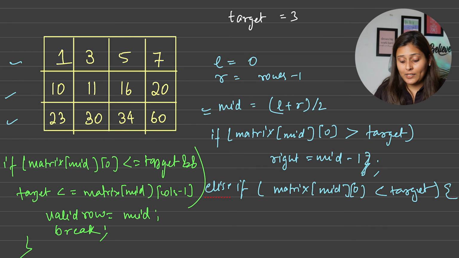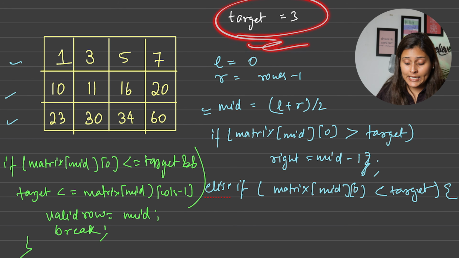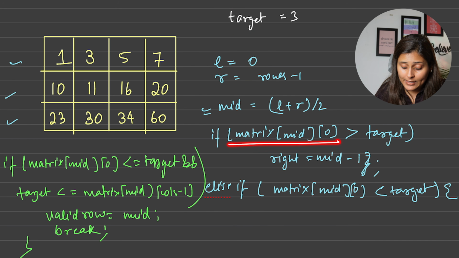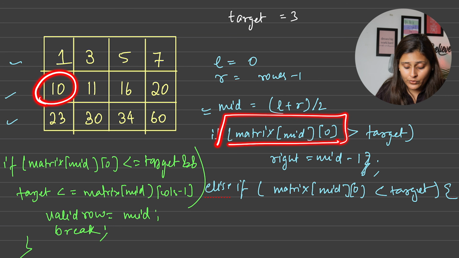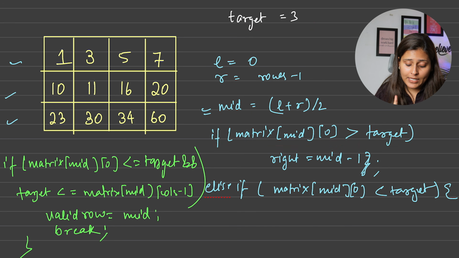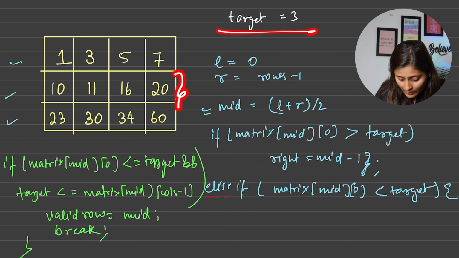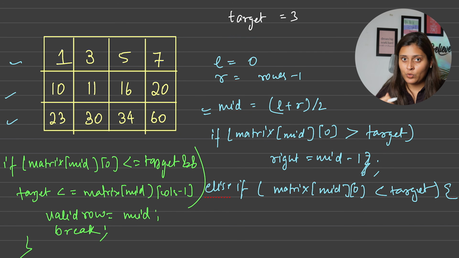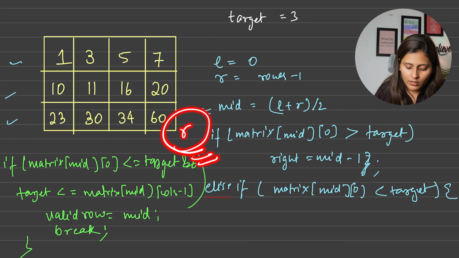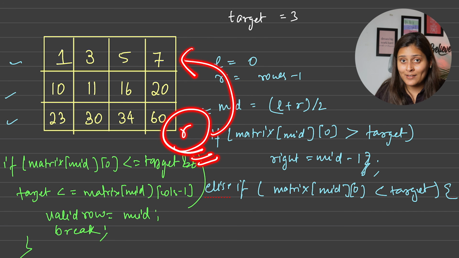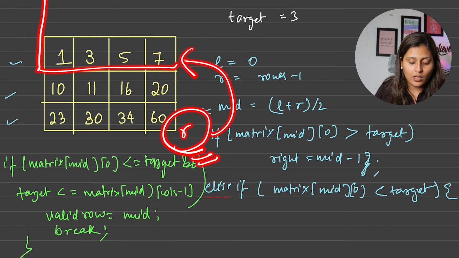Okay, but here we saw that target was 3, so definitely we have to check whether the first element of the mid row is greater than target. Yes, 3. So definitely we can say our target does not lie in mid or any row beyond this or downwards. Yes, so we can move our right pointer, which is sitting at the end, towards mid minus 1, saying that the target will be in the upper half.